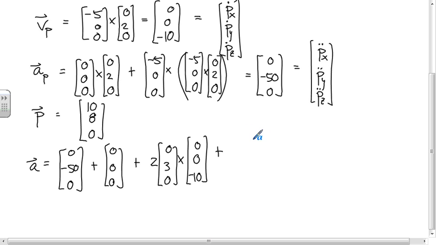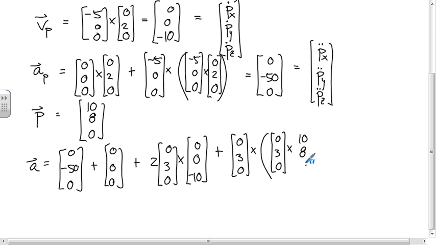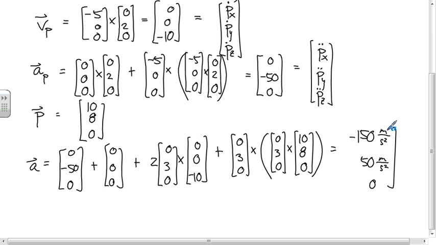Plus our centripetal term, 0, 3, 0, crossed with the quantity 0, 3, 0, cross 10, 8, 0. And out of all this, you get the value negative 150 meters per second squared, positive 50 meters per second squared, 0.